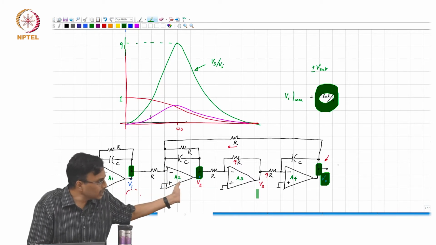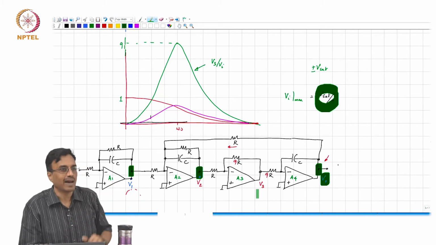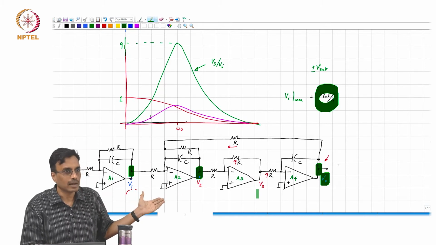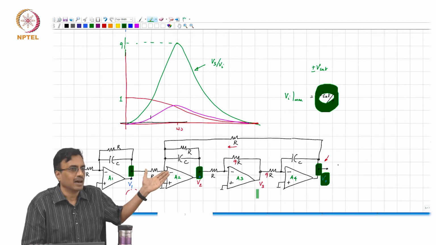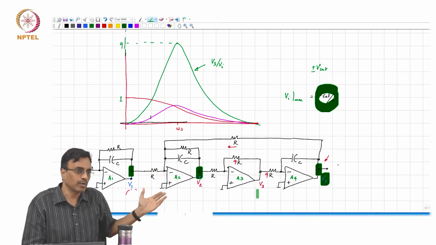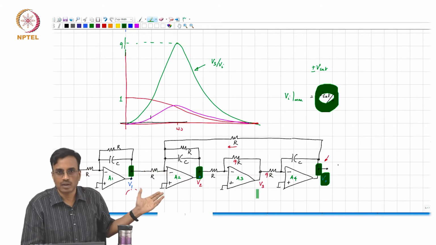And this particular choice of resistors and capacitors, is it a good choice, or can we comment on whether it's a good choice or a bad choice?